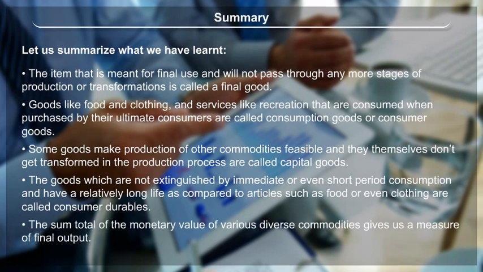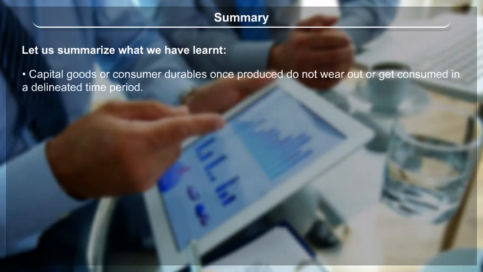The sum total of the monetary value of various diverse commodities gives us a measure of final output. Capital goods or consumer durables, once produced, do not wear out or get consumed in a delineated time period.